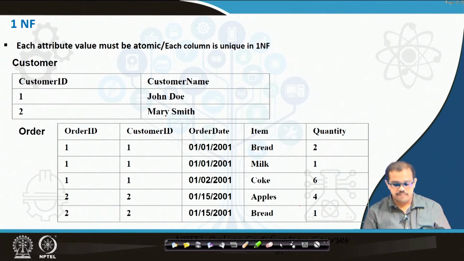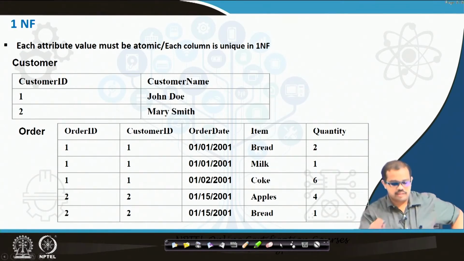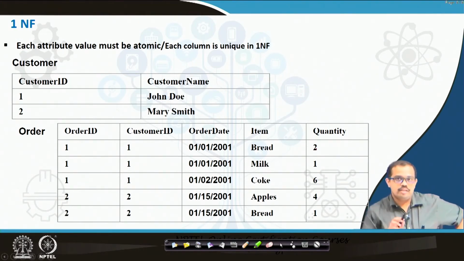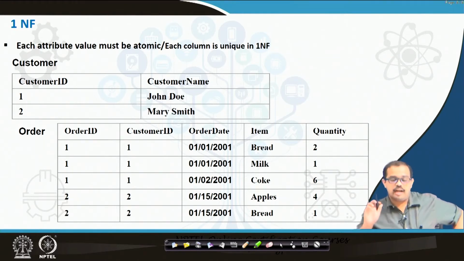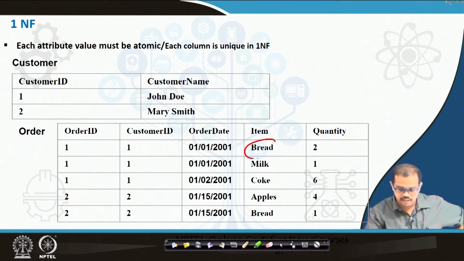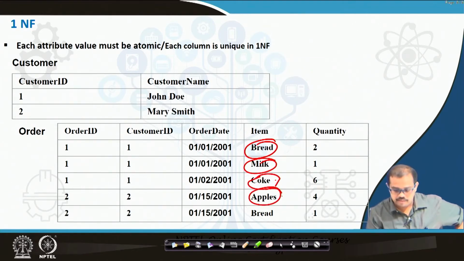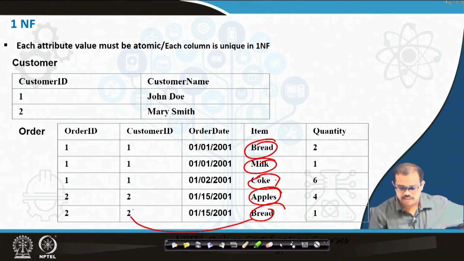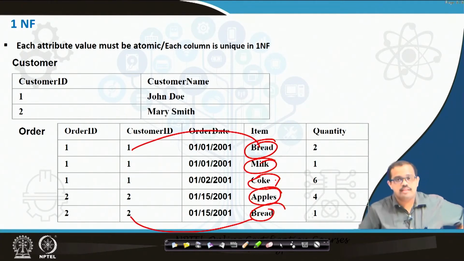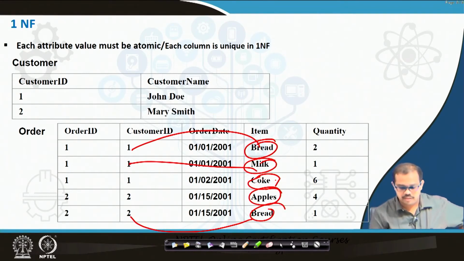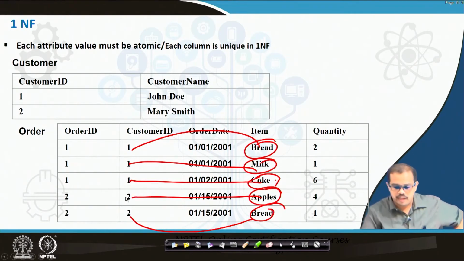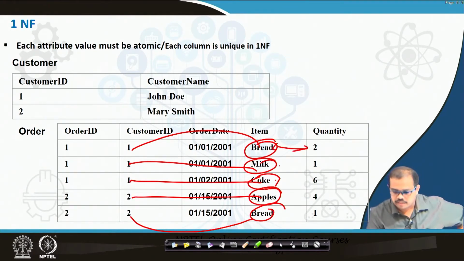Now, you can see in any of these tables, all data are atomic. If you see here, bread, milk, coke, apples and bread. Bread is for the first customer, milk is related to the first customer, coke is related to the first customer, apple is related to the first customer, and the quantity is related here.